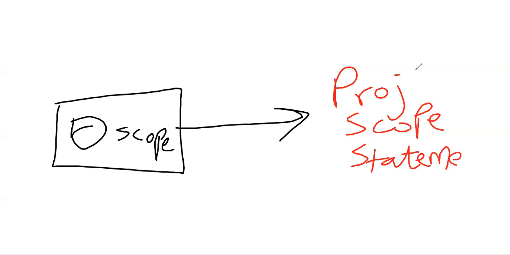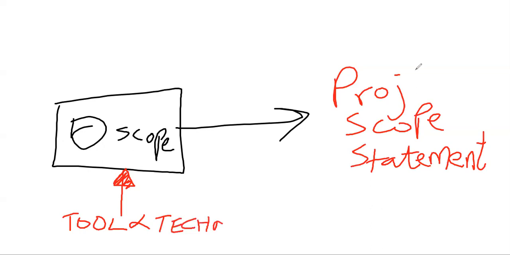Here is your next question. I would like you to tell me the tool and technique that is used for this process. It's a tool and technique, and it is unique to this process.